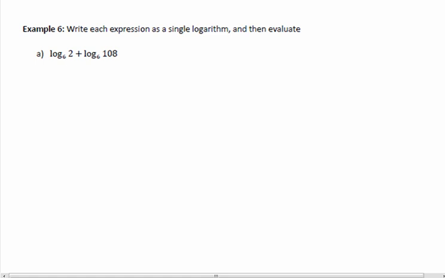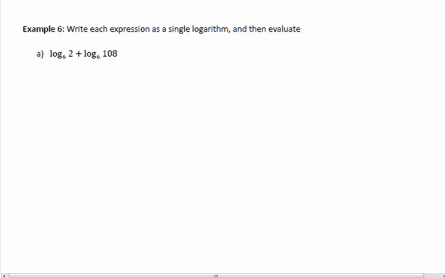And now you can use all your log laws. Then you multiply them.